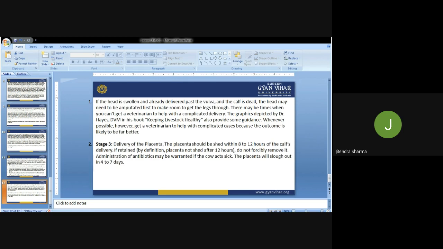These ecbolics not only help in removing the placenta, but they also initiate the process of involution of the uterus. It is very important that the uterus regains its normal shape and size and position, and only then do we consider the parturition process completed.